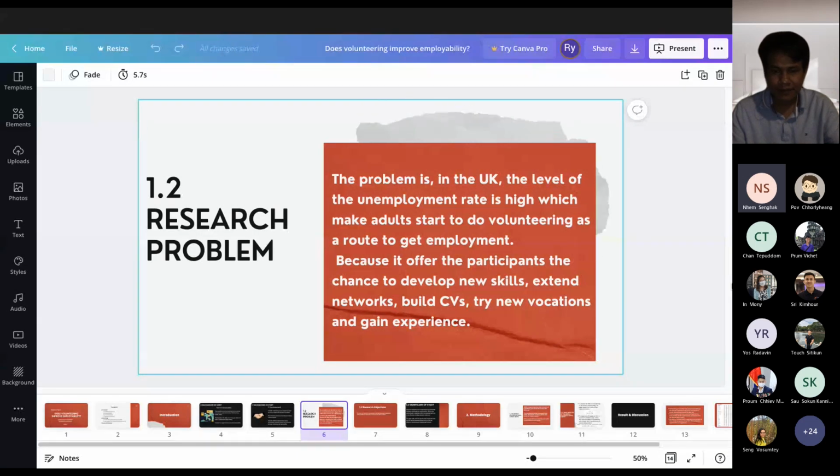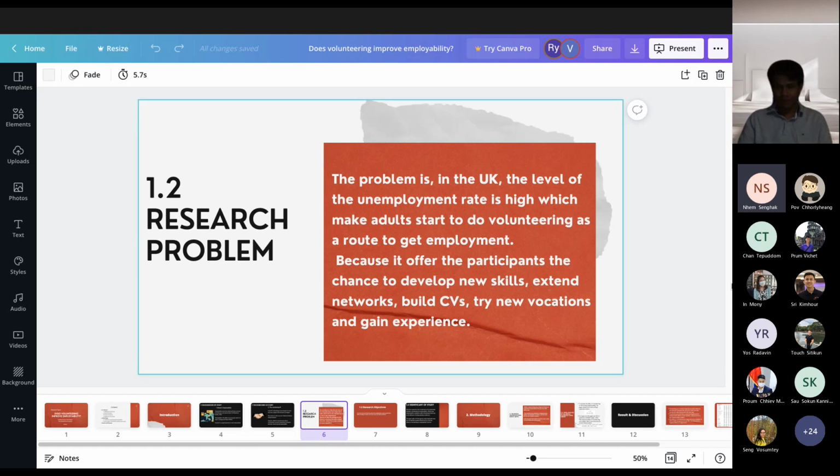In the UK, we notice that from day to day, people start to volunteer because they think that participating in volunteering provides them the opportunity to get a job, and also a chance to develop new skills, build a network, try a vocation, and gain more experience. Next slide, please.